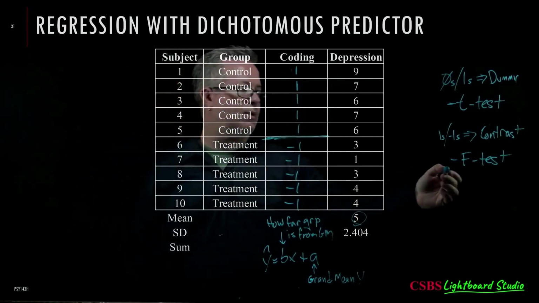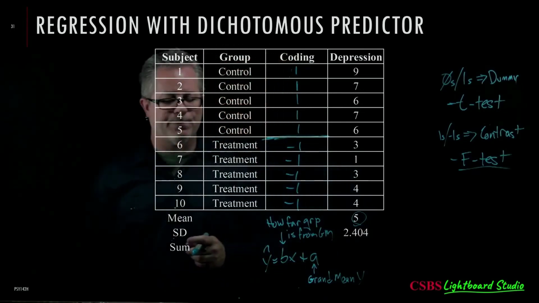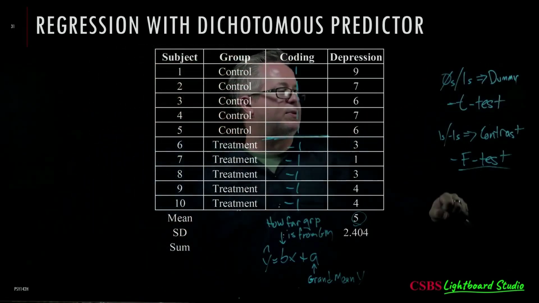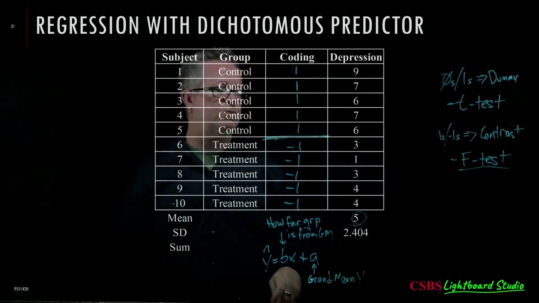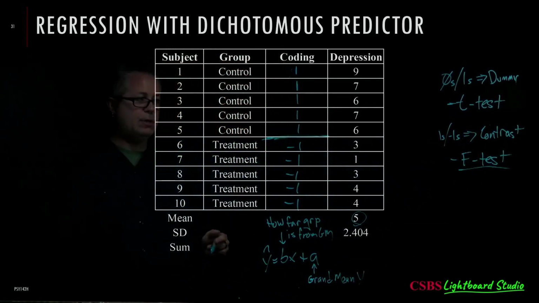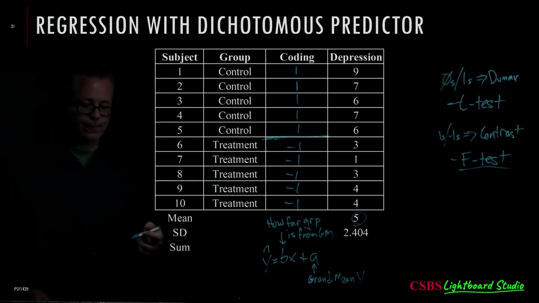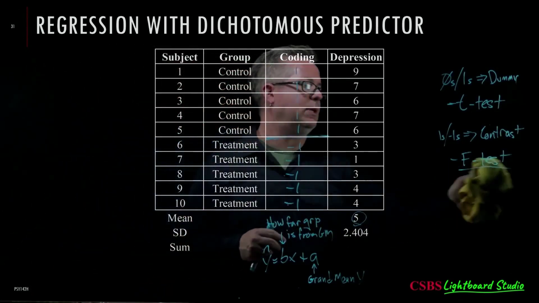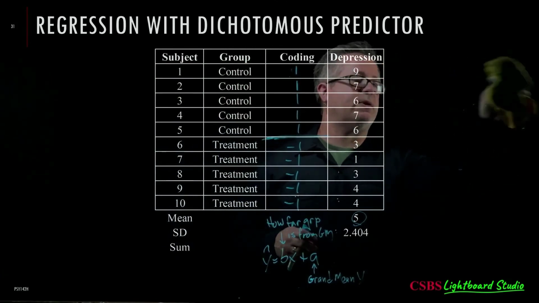Well, that's exactly what an F-test does. That's what an ANOVA does. So zeros and ones are sort of a t-test approach. Ones and negative ones is more of an ANOVA approach. So let's look at, just quickly, how this might look.